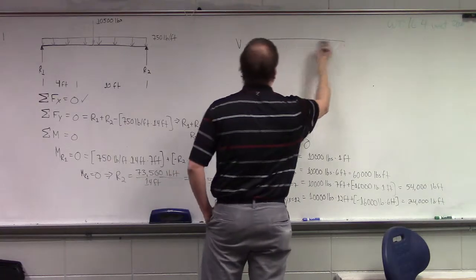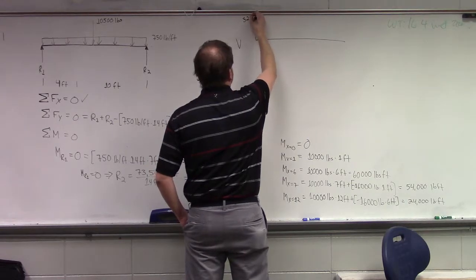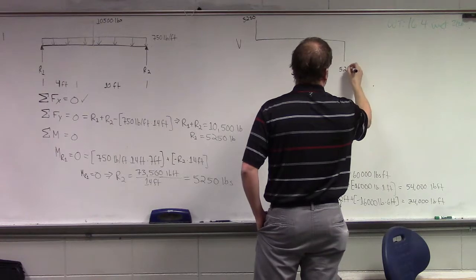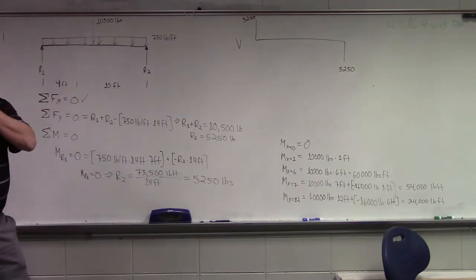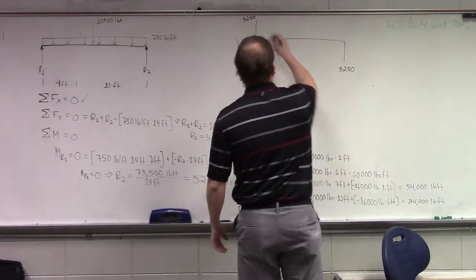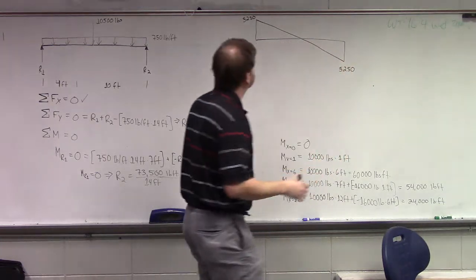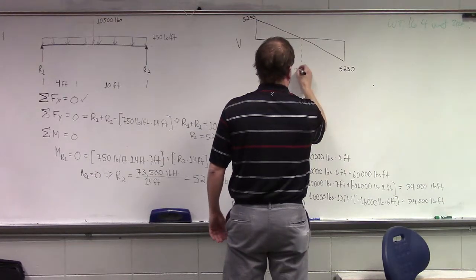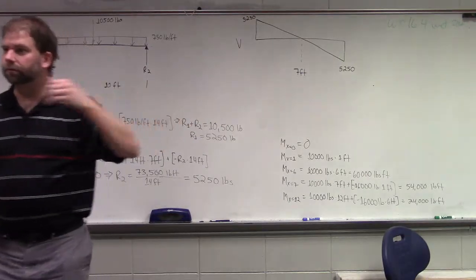So your shear diagram, you'll start out here at 5250. Like we said, we already know that we're going to be at 5250 over here. How are we joining them? Straight line. A straight line, right? Constant slope of 750 pounds per foot. That's right. And that should cross zero at 7 feet.